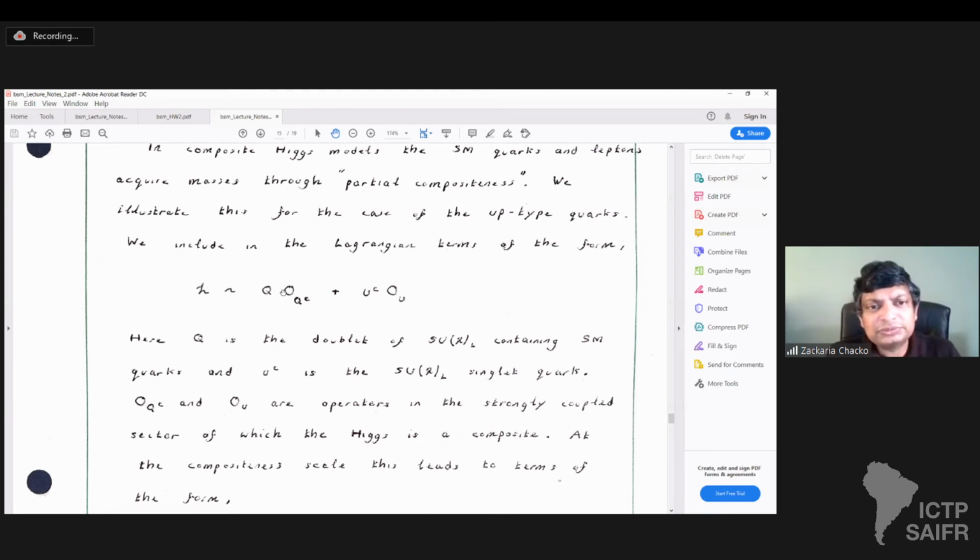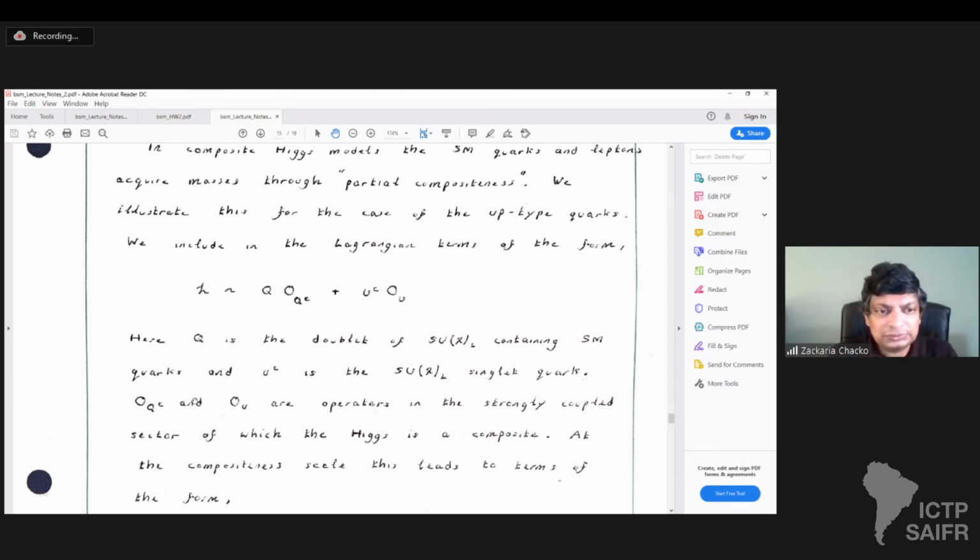So we write terms that couple the quark doublet of the standard model to some operator O of the strongly coupled sector that has the quantum numbers opposite to those of the quark. So this operator has quantum numbers that allow you to write a term like this. It has the quantum numbers that are the opposite of Q, and similarly, this is an operator of the strong dynamics that has quantum numbers opposite of those of UC.